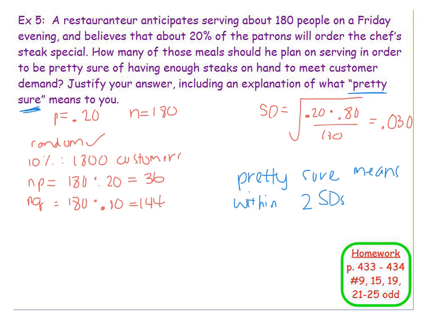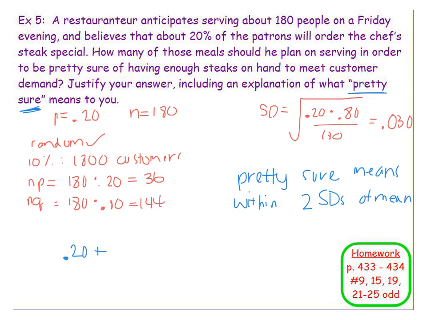So here's what we're going to do to find the number of steaks we need, because we don't need p hat to do that. We literally are going to do what it says right here. We want to be within 2 standard deviations of the mean. Well, what was the mean? It was 0.20. We want to have 2 standard deviations above that in steaks.